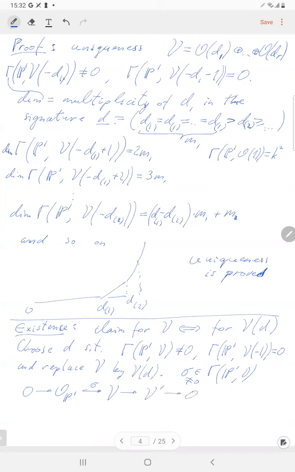The first claim is that V prime is locally free.